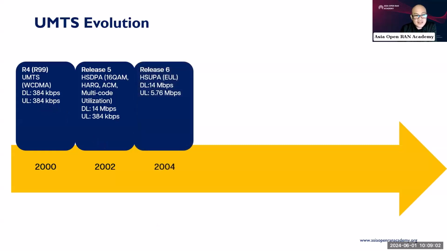Now, in release 6, HSUPA or high-speed uplink packet access, also known as EUL or enhanced uplink, was introduced. In terms of the naming convention, there is an improvement in the uplink, with additional uplink modulation introduced. That is why the uplink improved from 384 kbps to 5.76 mbps.